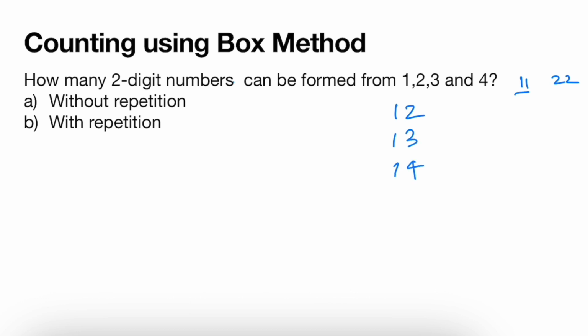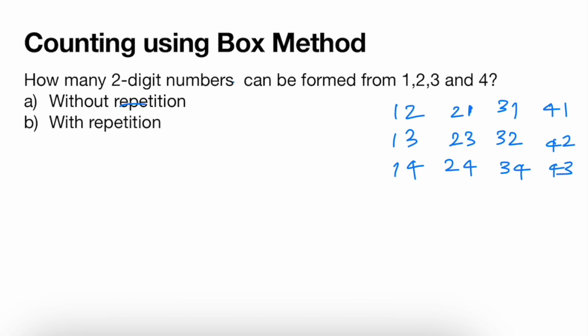We cannot do 1, 1 because there is no repetition. So you can do 2, 1, there is no 2, 2, so 2, 3, 2, 4. You have 3, 1, 3, 2, 3, 4, and 4, 1, 4, 2, and 4, 3. So if you count it, we can form 12 two-digit numbers using these 4 digits, right?